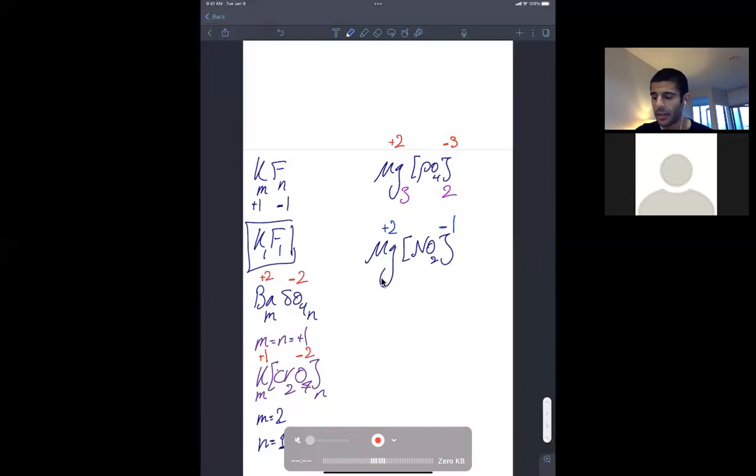So you actually need 1 Mg and 2 NO2s. So you have to memorize some of these, and you should probably memorize their names too, like nitrate and phosphate. And this one is fluoride. I think you learn it in chemistry 11 or something like that.